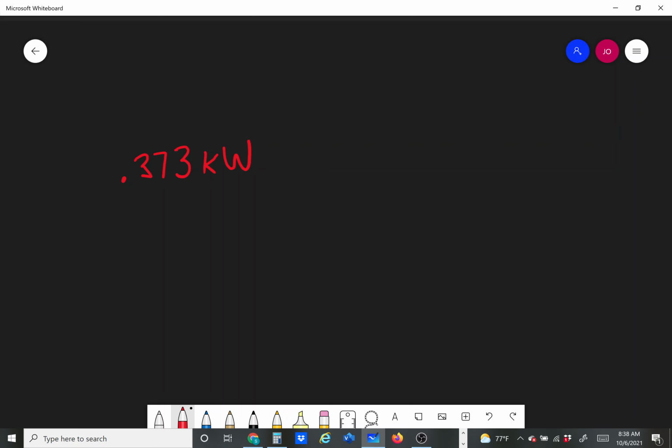What my cost is, my cost is 6.5 cents, or 0.06. There's 6 cents, so there's 6.5 cents. 6.5 cents per kilowatt hour. So I'll put a dollar sign there.